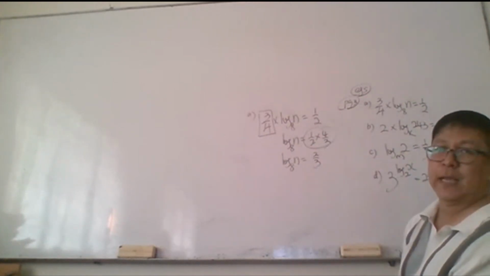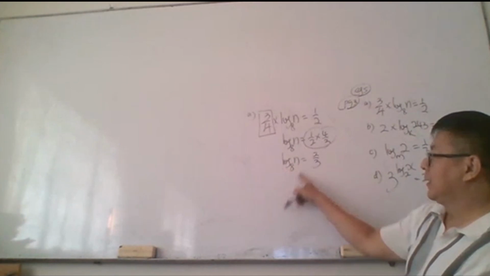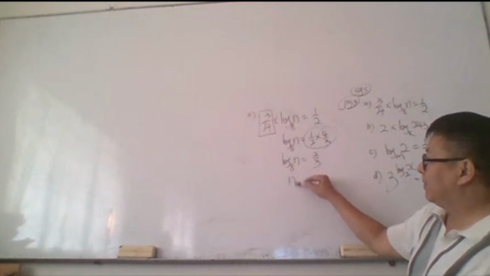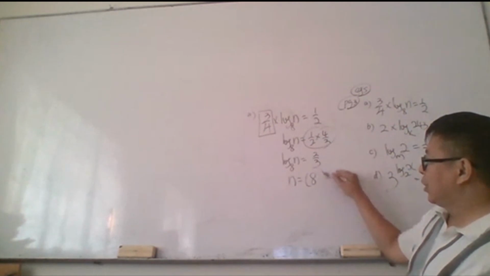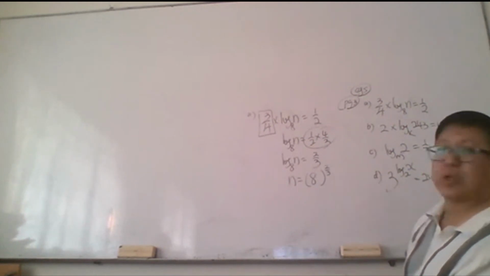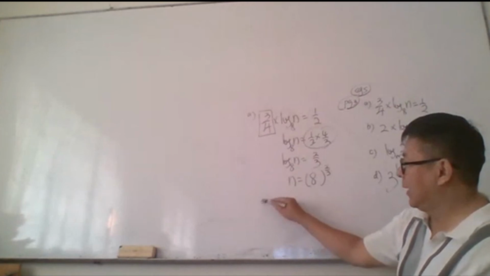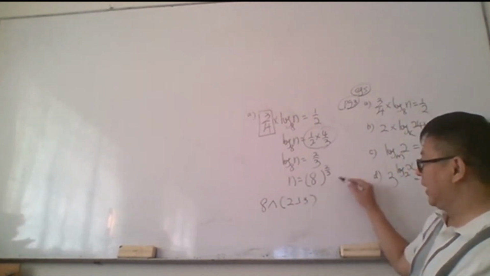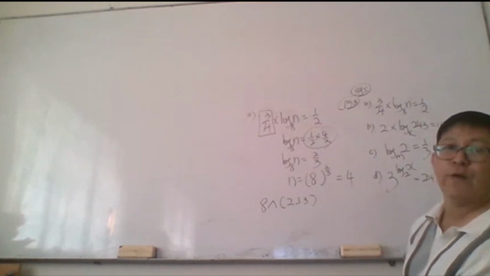Lastly, we shift the logarithm base to the right side: 8 to the power of 2 over 3. Use your calculator, 8 power bracket 2 over 3, and it gives the answer of 4.